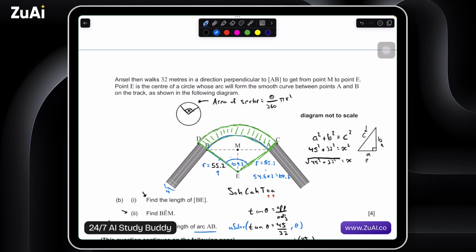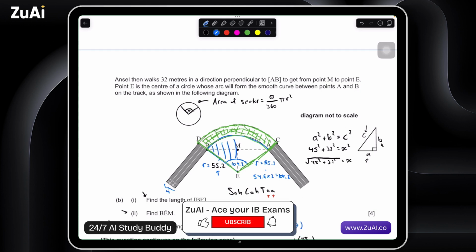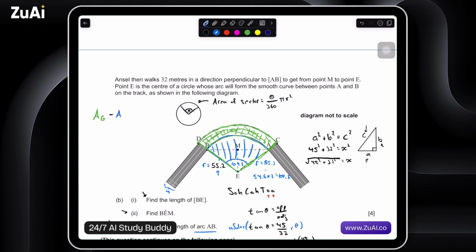We want only what's within. So we can take this area out on the inside. So the area of the green, which is the larger sector, minus the area of the blue would give us just the area of the track.